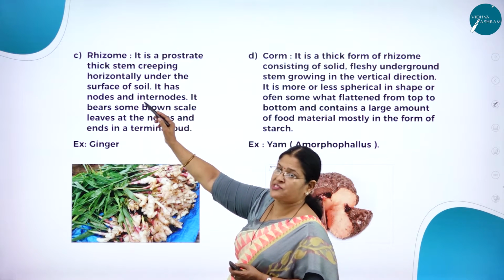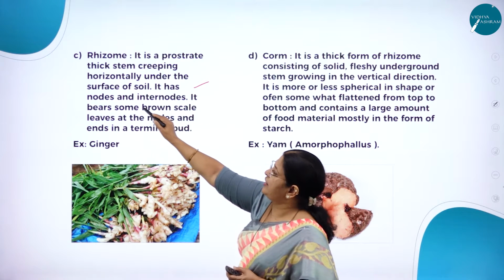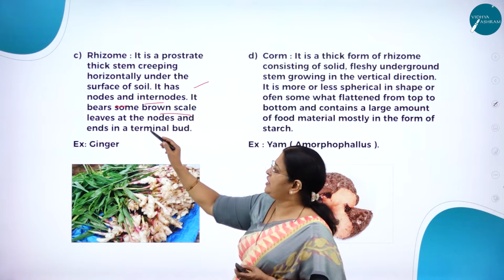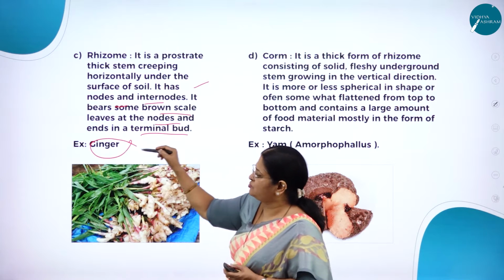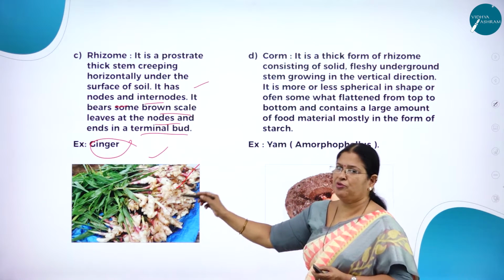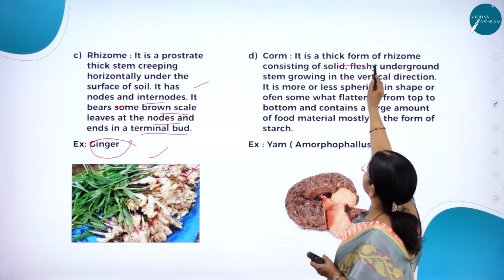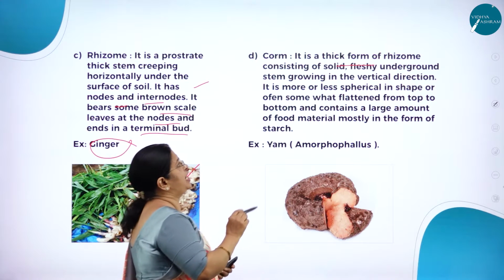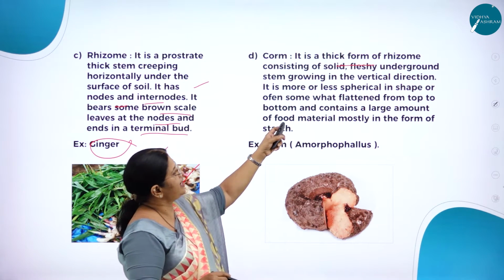Rhizome is a prostrate thick stem creeping horizontally under the surface of the soil, and it has what? Nodes and internodes. It bears some brown scaly leaves at the nodes and ends in the terminal bud. Classical example is what? Ginger. You can see the ginger in this beautiful picture. Then corm. As I said, it is a thick form of rhizome consisting of solid fleshy underground stem growing in the vertical direction, and it is more or less what?